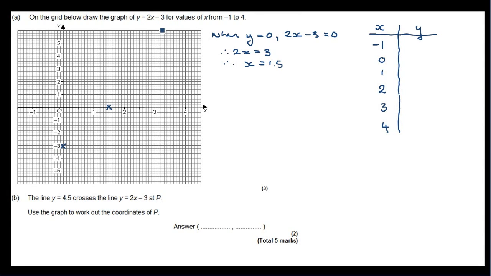So you'll see what I mean as we do the first one. Taking x equals -1, plugging it into the function here, I end up with -1 times 2, that's -2, minus 3, so y must equal -5 when x equals -1. Okay, we've already said when x equals 0, y equals -3.